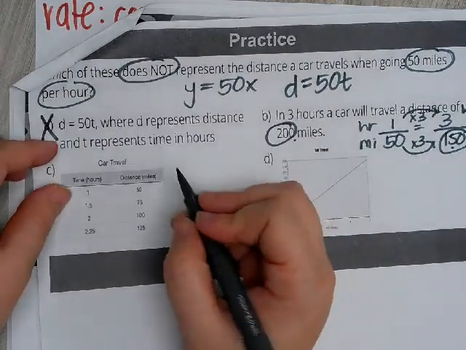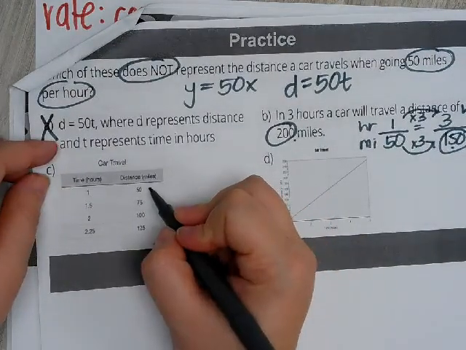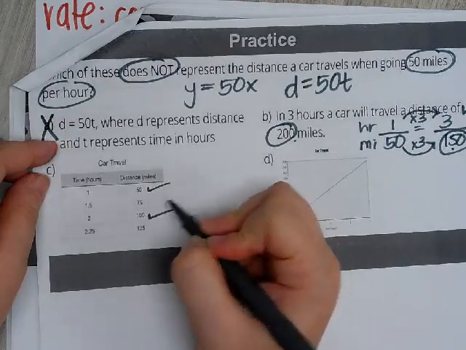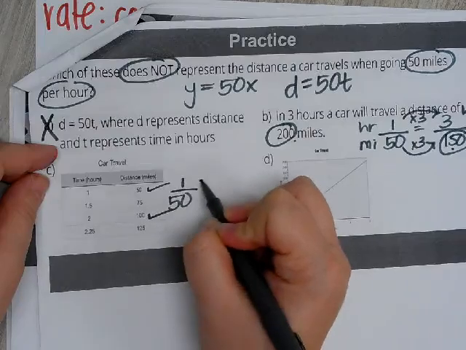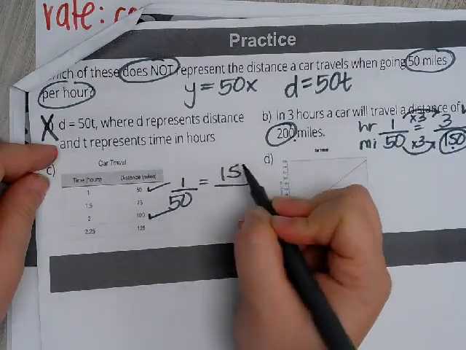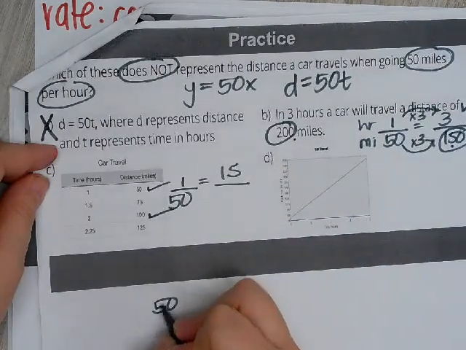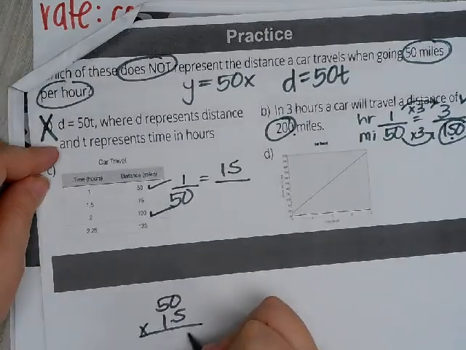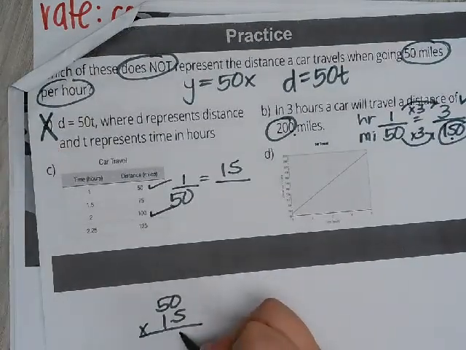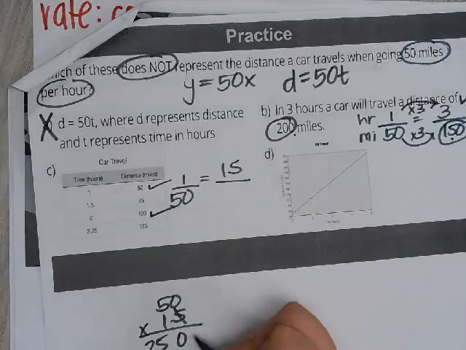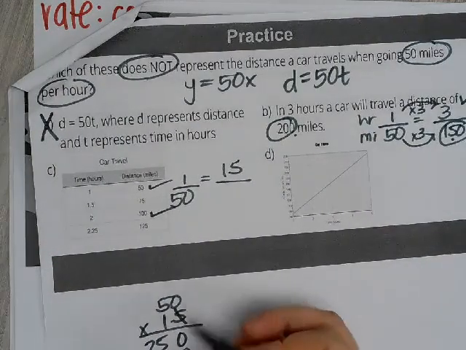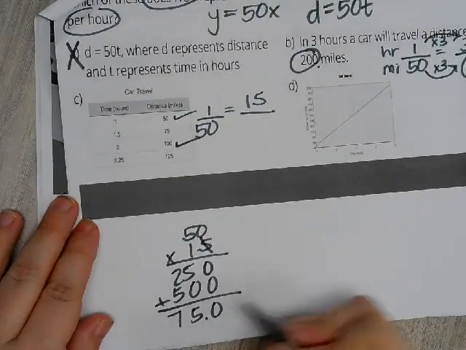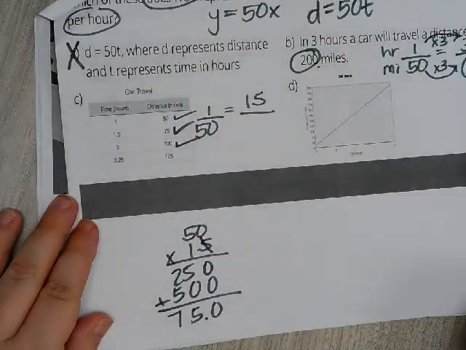Let's see. For C, this is correct and this is correct. But let's try it for 1.5. That's 0, that's 25. 0, 5, 7. Yep, that's correct. And then let's see.